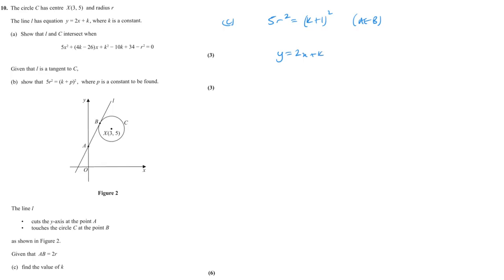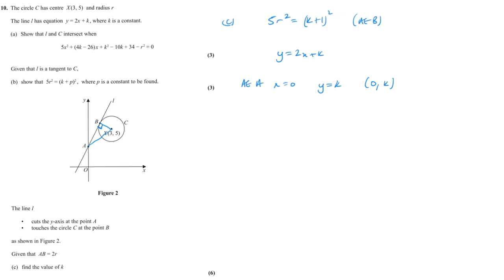So at A, x equals 0, so y equals k. So the point A is 0, k. And we also know that if it's a tangent, it's a right angle there.